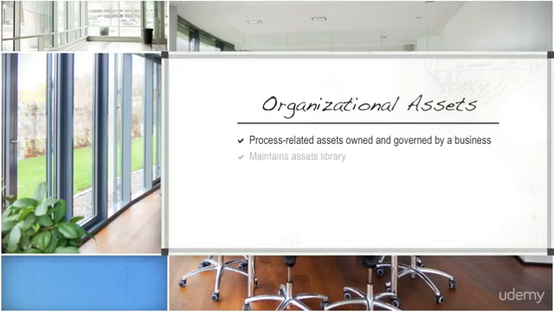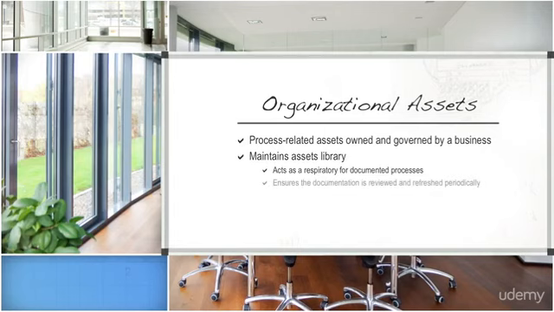Organizational process assets are process-related assets owned and governed by a business. Most large-scale firms maintain a process assets library that acts as a repository for documented processes. The process assets library typically has its own processes to ensure the documentation maintained within it is reviewed and refreshed periodically.